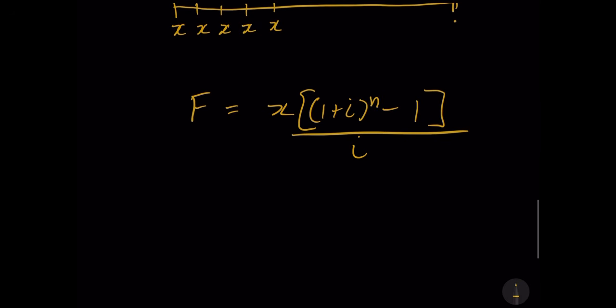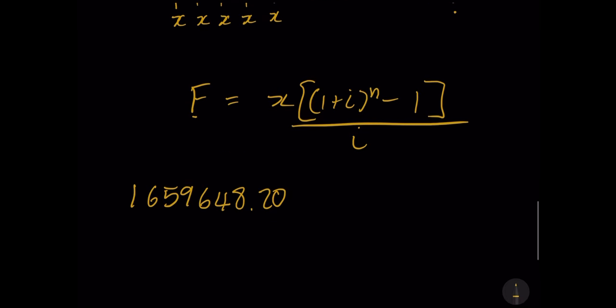Remember the amount that we are working towards, the future value of the sinking fund, is 1,659,648 and 20 cents. That's the amount that we got. And remember, X is our monthly repayments, or rather quarterly repayments in this case.